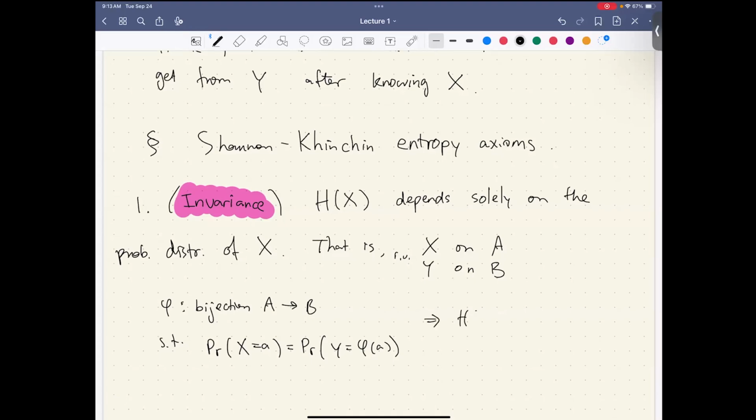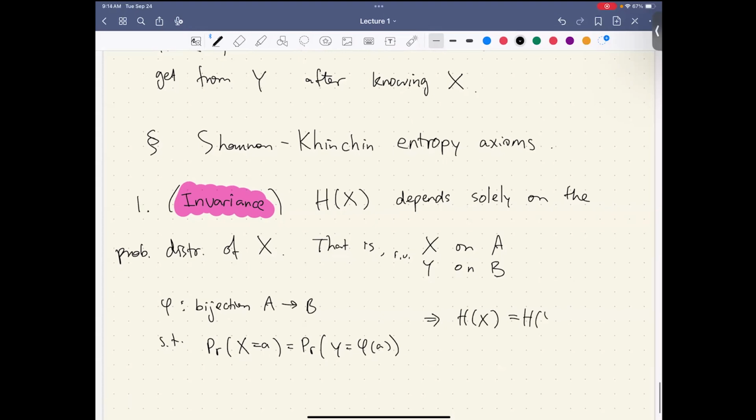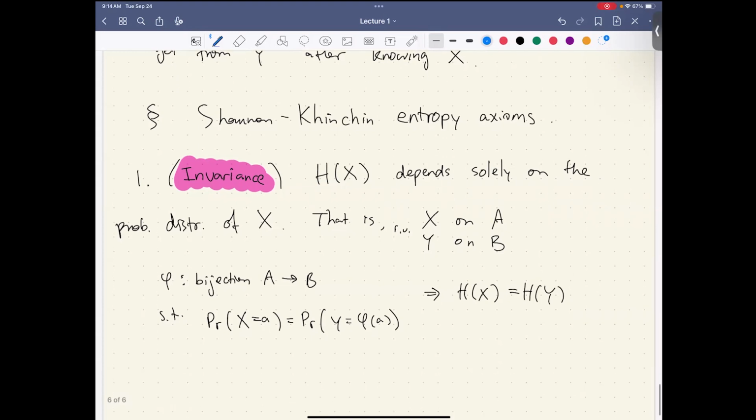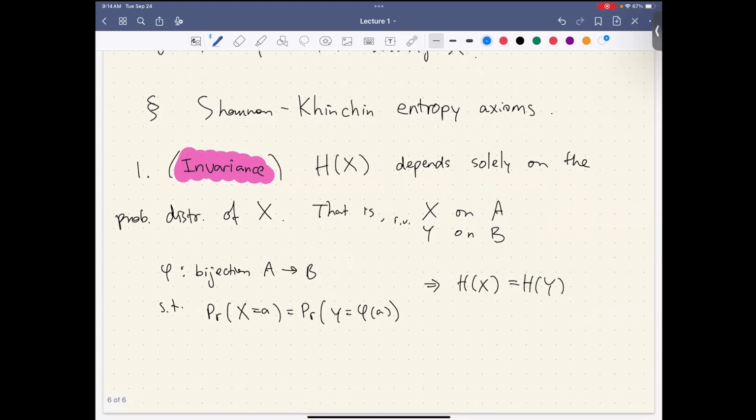Then H(x) equals H(y). Sometimes we also write it like this. Now, this is the first implication: if they have the same distribution, they have the same entropy.